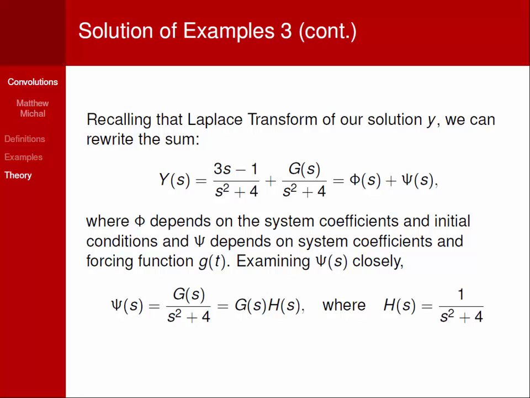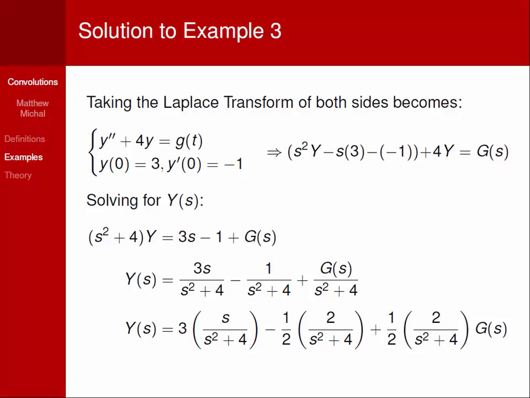And it comes from breaking my equation apart. Notice this first part depends solely on my conditions from earlier. Remember, my 3s minus 1 came from my initial conditions. And my s squared plus 4 came from my differential equation.